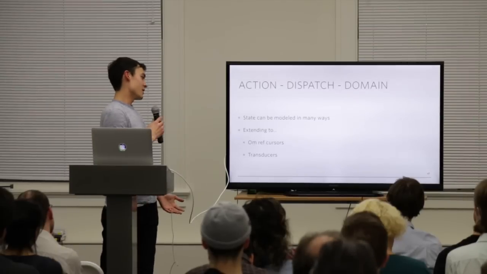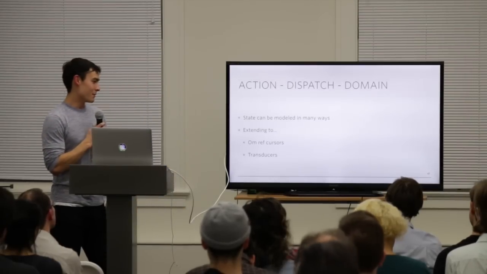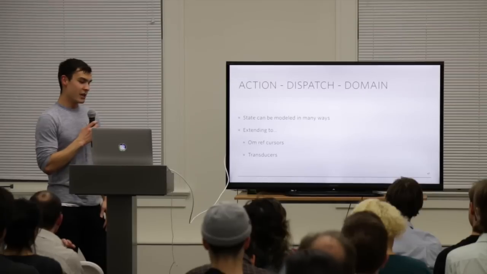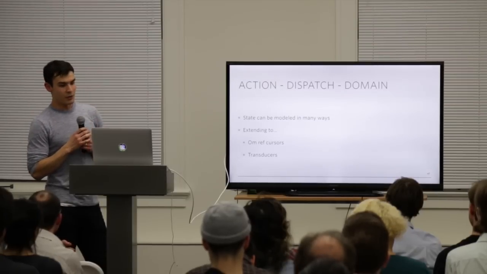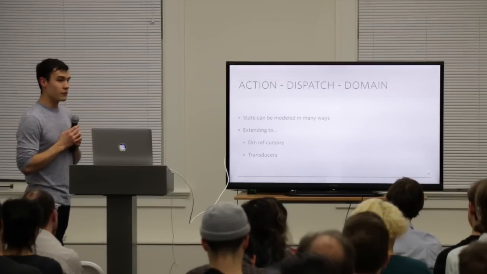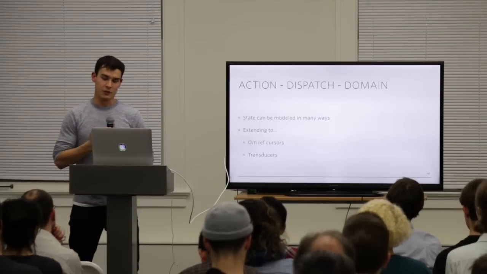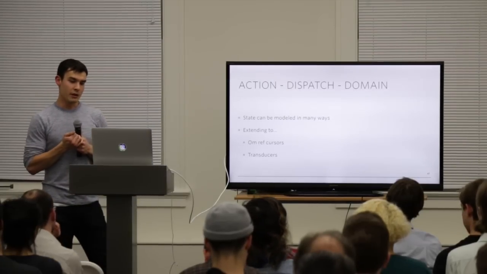I think this idea is not anything that's really new. It's pretty simple, and it can be extended. We could potentially extend this to Om's ref cursors, which are a new feature that basically allow you to have a reference to a cursor in the app state without having it passed down to you. And so you might be able to regain some performance with that.